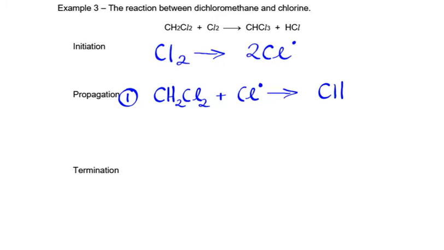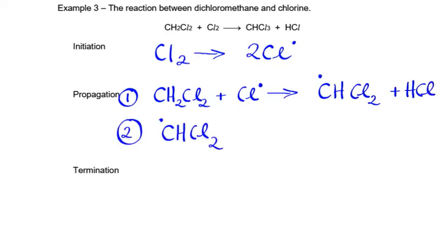So we just have one hydrogen remaining on the carbon now, and the two chlorines. This has produced a radical in addition to our hydrogen chloride. In the second propagation stage, we want to add a chlorine onto this radical, and we do it using a chlorine molecule so that it's a propagation step, and we'll continue.